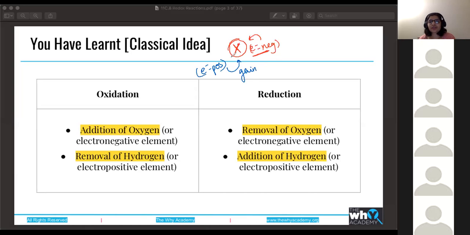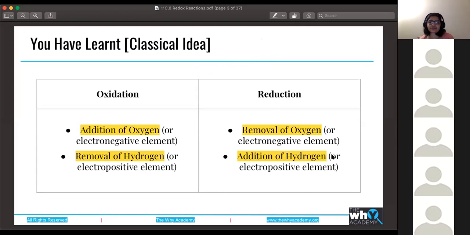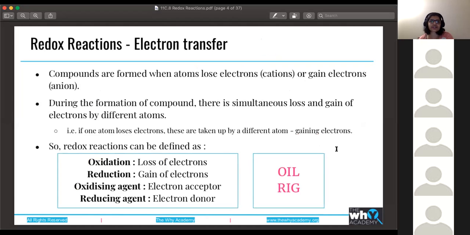So based on this, the modern, now accepted definitions of oxidation and reduction are based on electron transfer. Oxidation is defined as when the element has lost electrons, and reduction is defined as when the element has gained electrons.